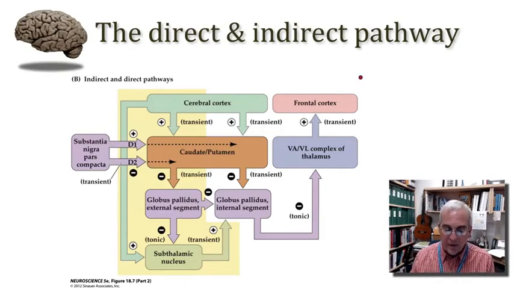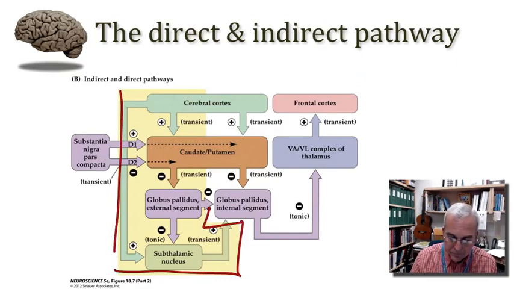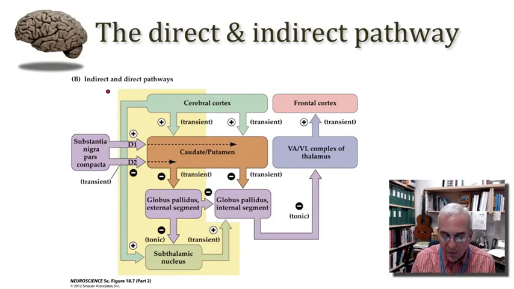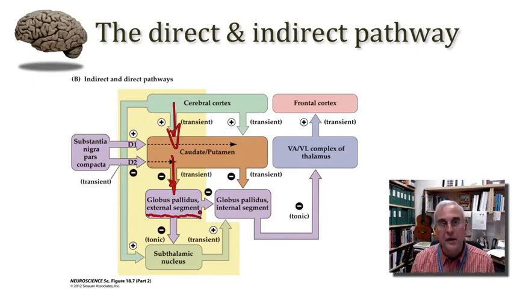So let's see how that works out. So here's our indirect pathway now. This area that's backed by this yellow color. And our indirect pathway involves projections from cortex to the striatum, projections from the striatum now specifically to the external segment of the globus pallidus. So this is the more lateral division of that globus pallidus body that we saw a moment ago.